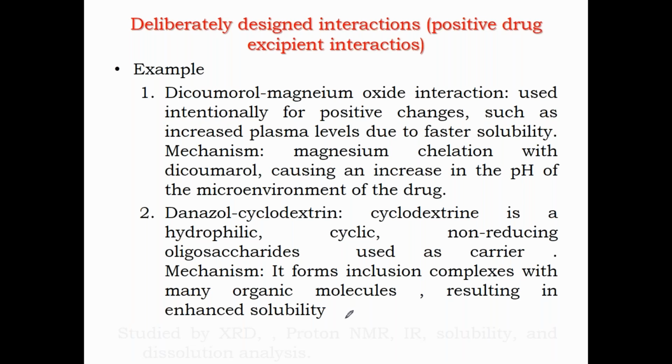This interaction may not happen only during processing. It can happen during storage also. When we don't follow the instructions of storage conditions, interaction can happen. Maybe it would have qualified during the QC test, but at home, if you can't preserve it properly, there's a chance that interaction can happen, which you can't make out.